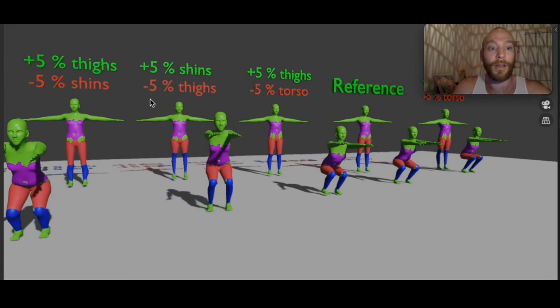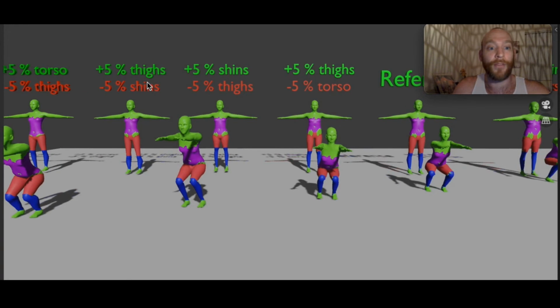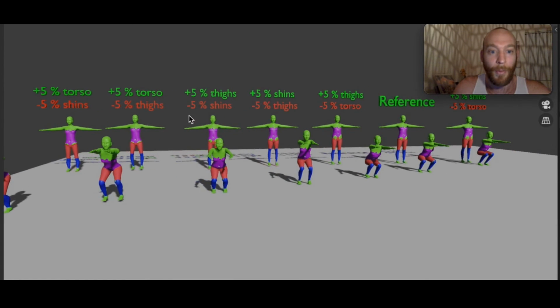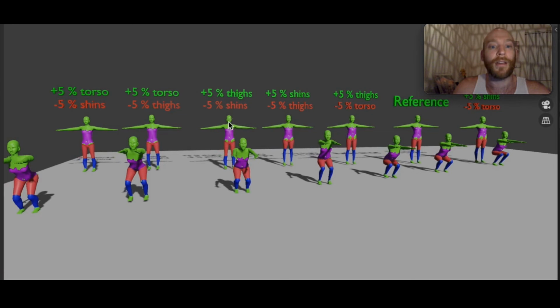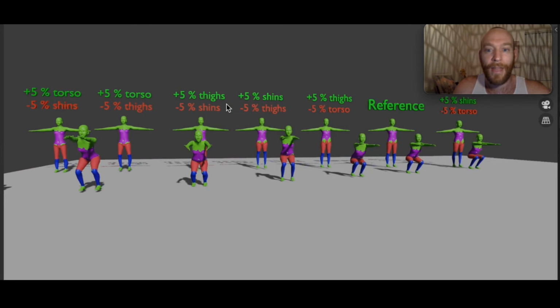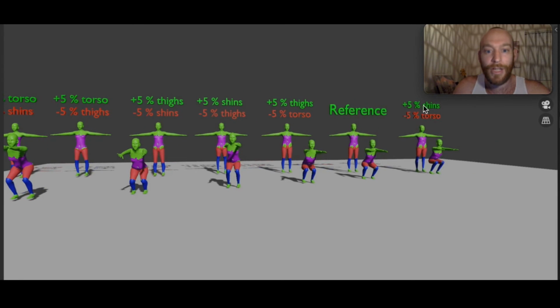It's really only when we do +5 thighs, sorry for all this navigation, but when we do +5 thighs and -5 shins, meaning we don't take the height from the torso, we take it from the shins, then it ranks third, right? So torso and then thighs seem to be the order of factors. And then the +5 shins bring us further to the right.